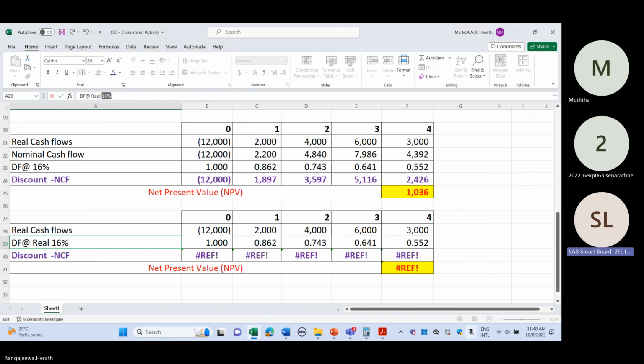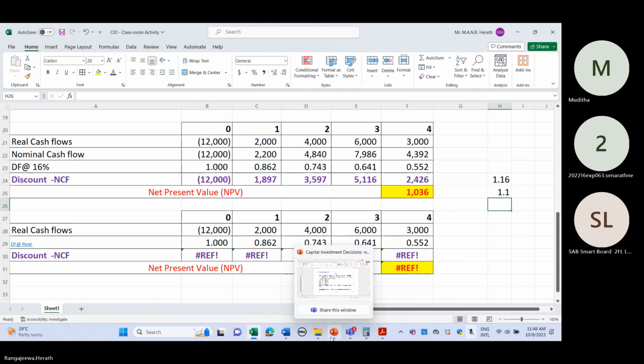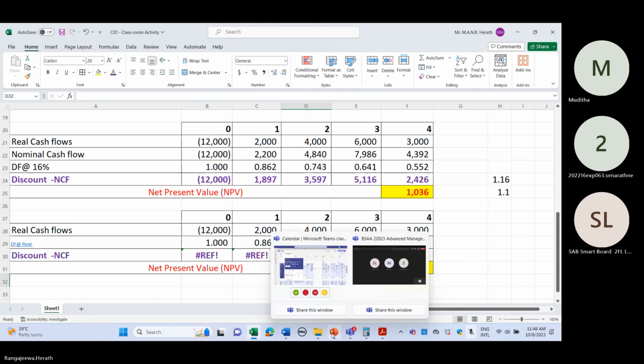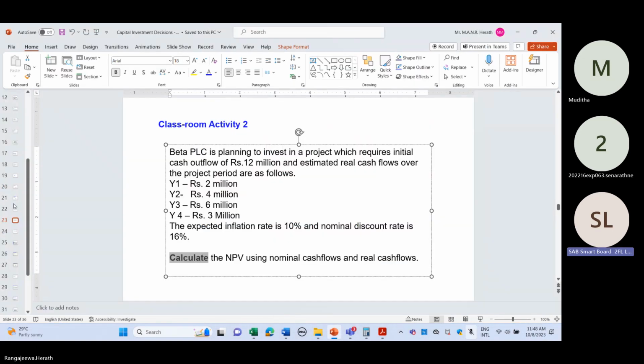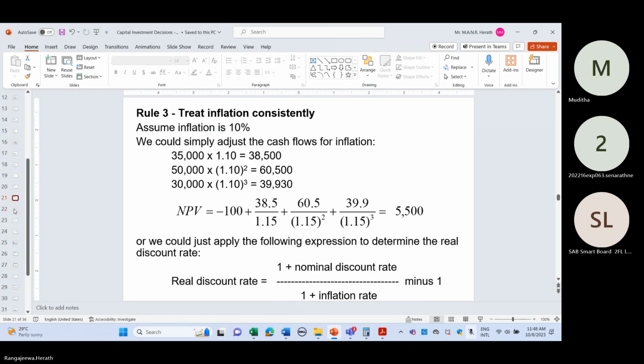To find the real discount rate, take the nominal discount rate 1.16 divided by inflation rate 1.1. Right?